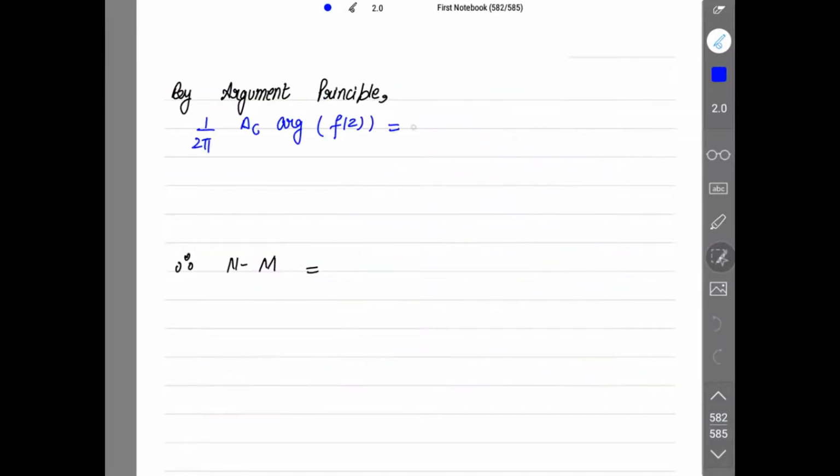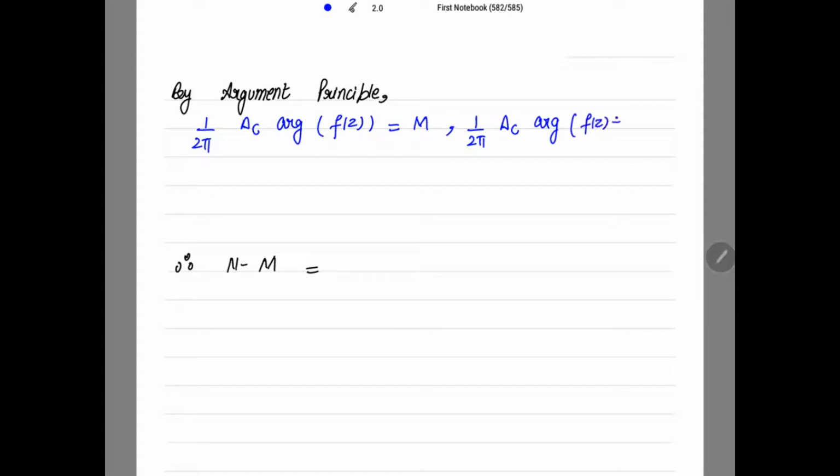Capital M. And 1 over 2 pi delta C argument for f(z) plus g(z) is equal to the number of zeros of f(z) plus g(z), which is equal to N, right? Now I have to prove N minus M equal to 0. This we need to prove in Rouche's theorem, that both the functions have the same number of zeros. That means we have to prove that N is equal to M.